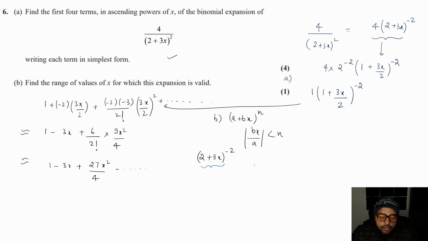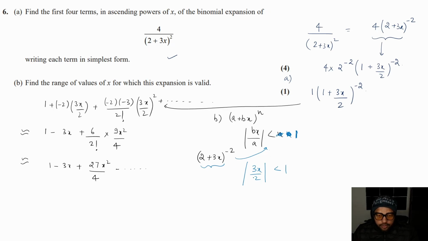For this, we just plug in the values. So bx by a is 3x by 2, and the modulus of 3x by 2 must be less than 1. Sorry, student, it is 1: bx by a must be less than 1.